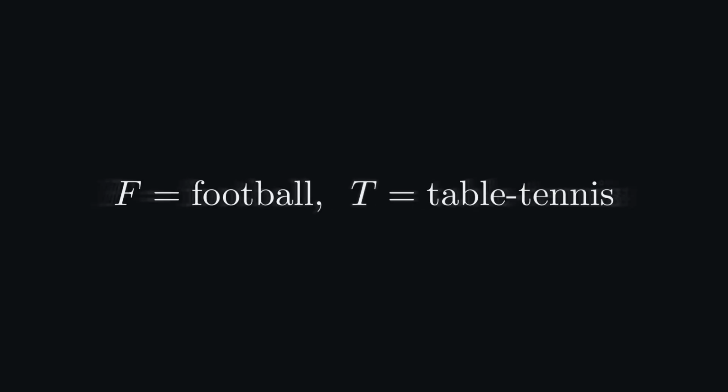First, we need to define our sets. Let F represent football and T represent table tennis. Now, let's summarize the given information. We know there are 31 students in total, 16 play football, 12 play table tennis, and 5 play both.